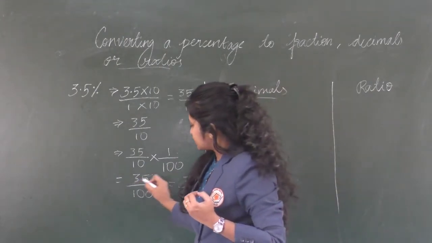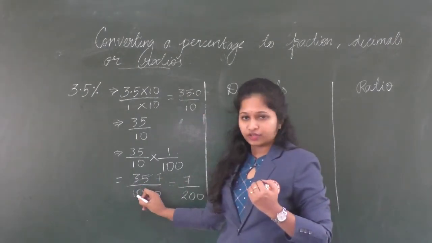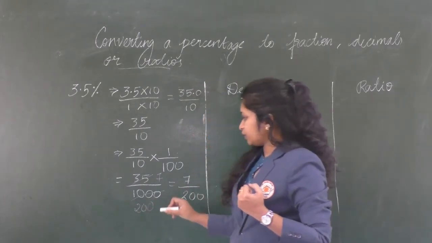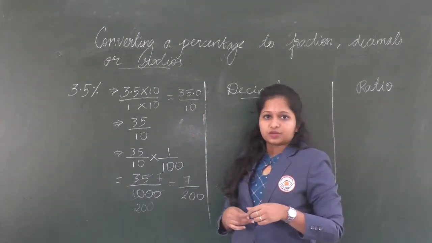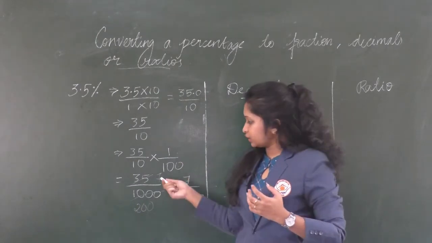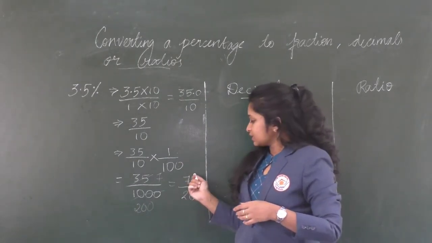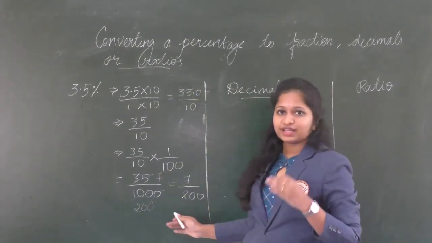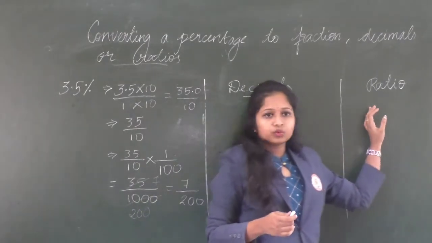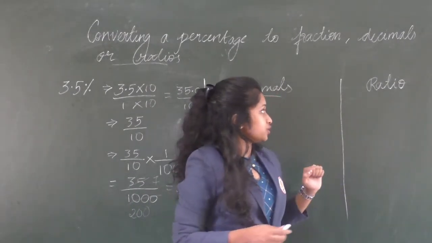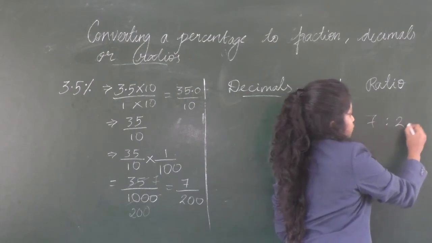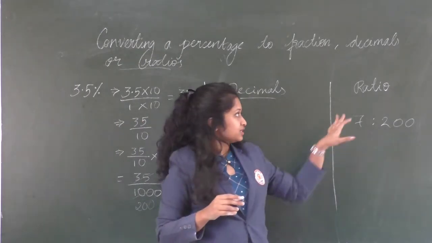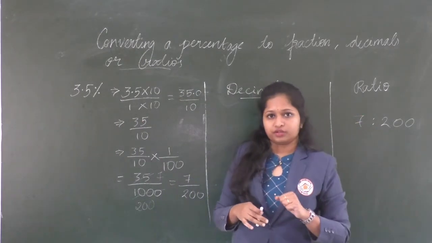So we have 7 into 5 is 35 and here 200 into 5 is 1000. So we can reduce this 35 by 1000 as 7 by 200. So see here we have 7 by 200 as fractions. So we can convert this fraction to ratios as 7:200. So we can write this 3.5 percentage as 7:200.